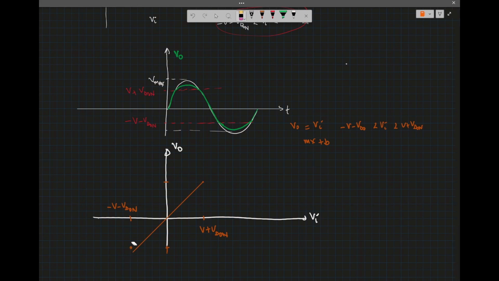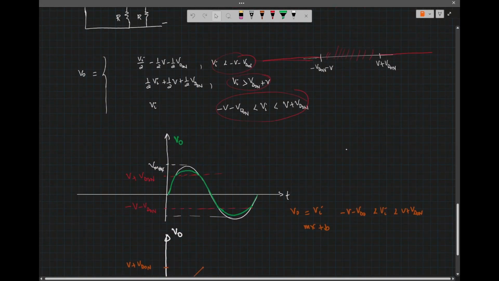Now, when it reaches V plus VD on, then it has a slope of half.